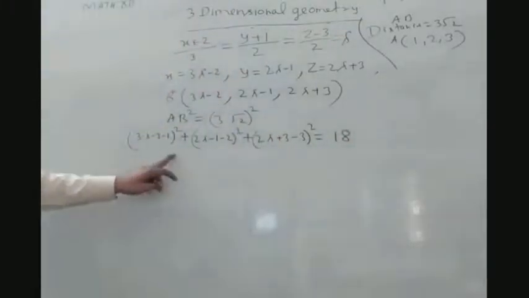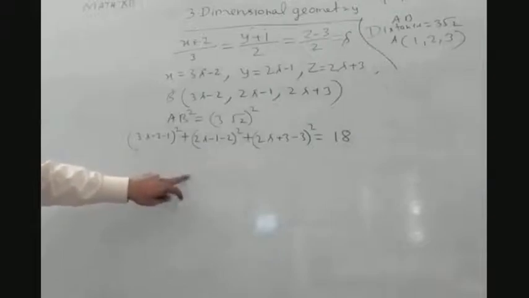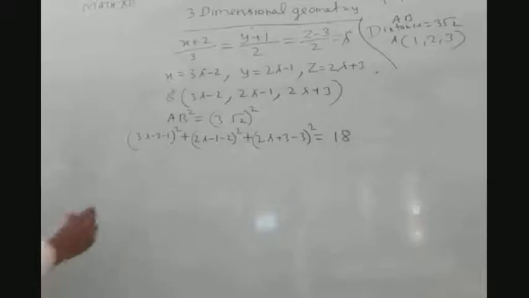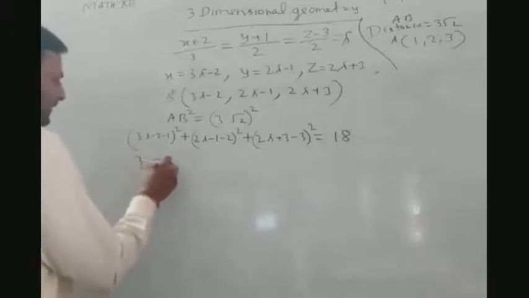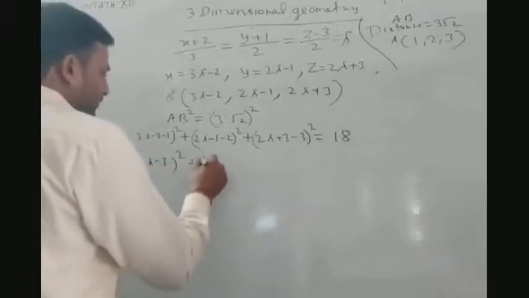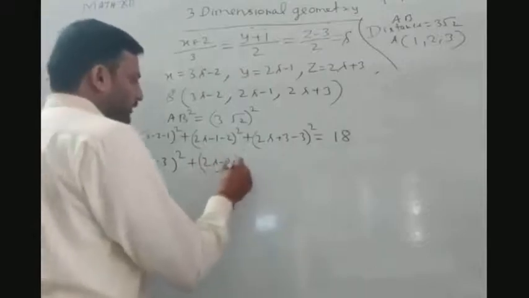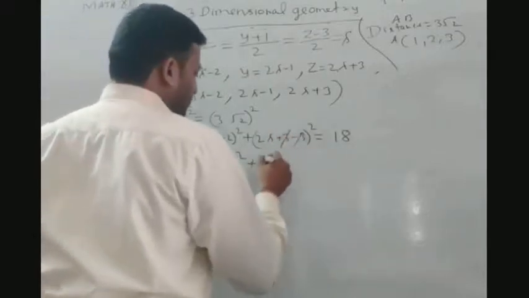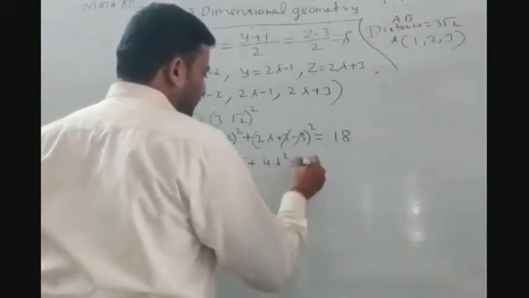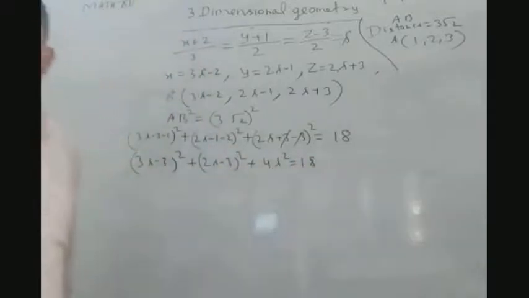Okay, we will write this in the form: (3 lambda - 3) whole square plus (2 lambda - 3) whole square plus 4 lambda square is equal to 18.